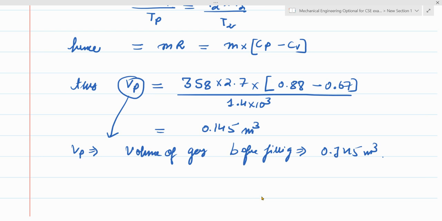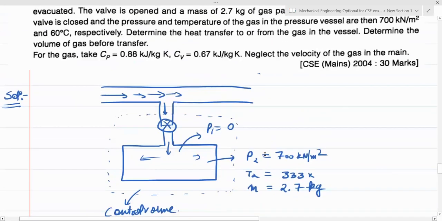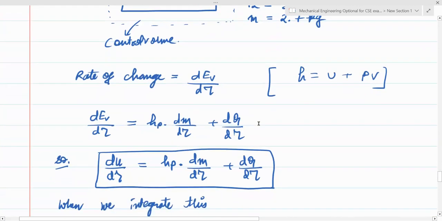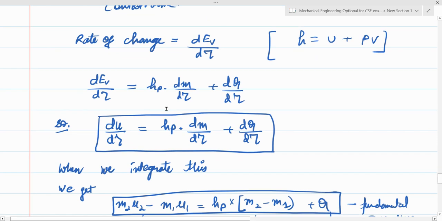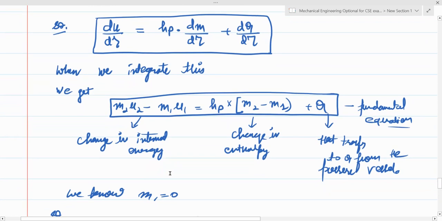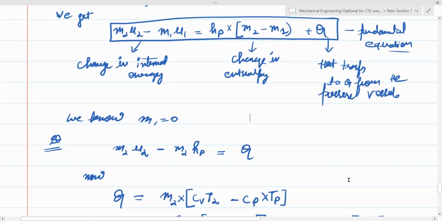So it was an easy question for 30 marks. We just have to apply a steady flow equation here. First we have to determine what should be our control volume. Now the rate of change of energy per unit time comes out to be this equation, and when we integrate we get the change in internal energy is equal to the change in enthalpy plus the heat transfer.